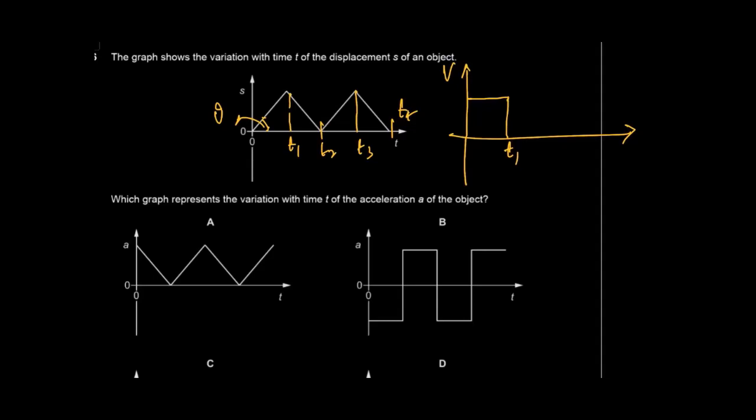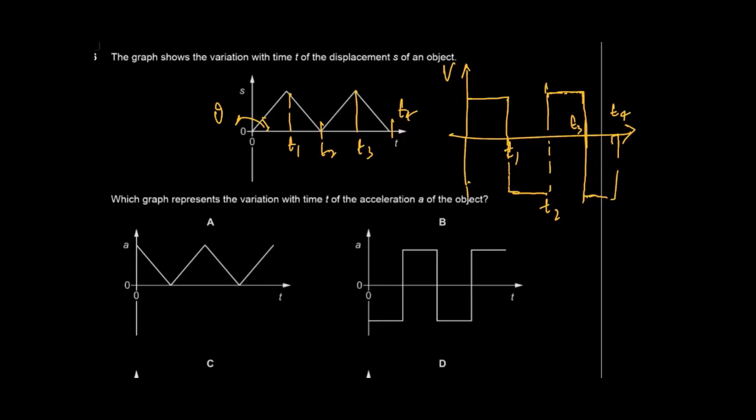So the tan theta value between 90 to 180 degrees is negative. The slope is negative. So this is the velocity between T1 to T2. Similarly, T2 to T3 is the same as 0 to T1, and the rest of the journey is like this: T3, T4.